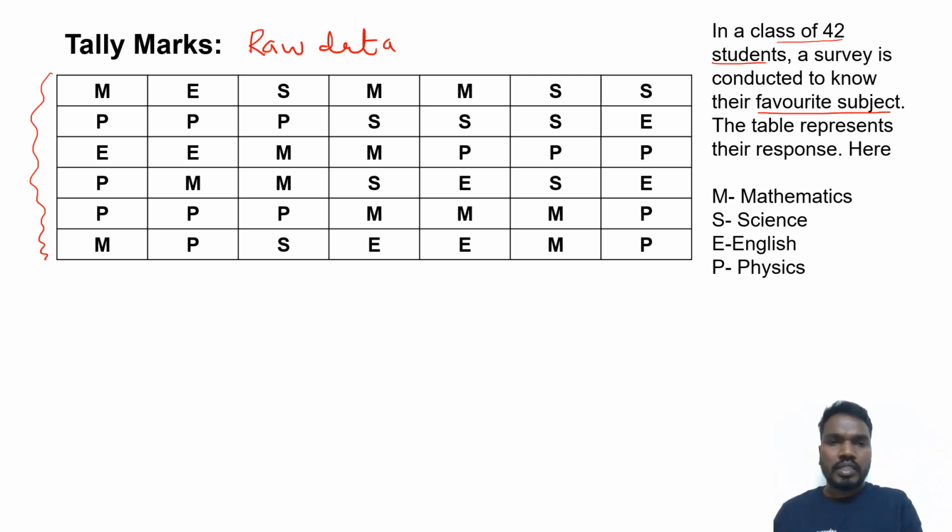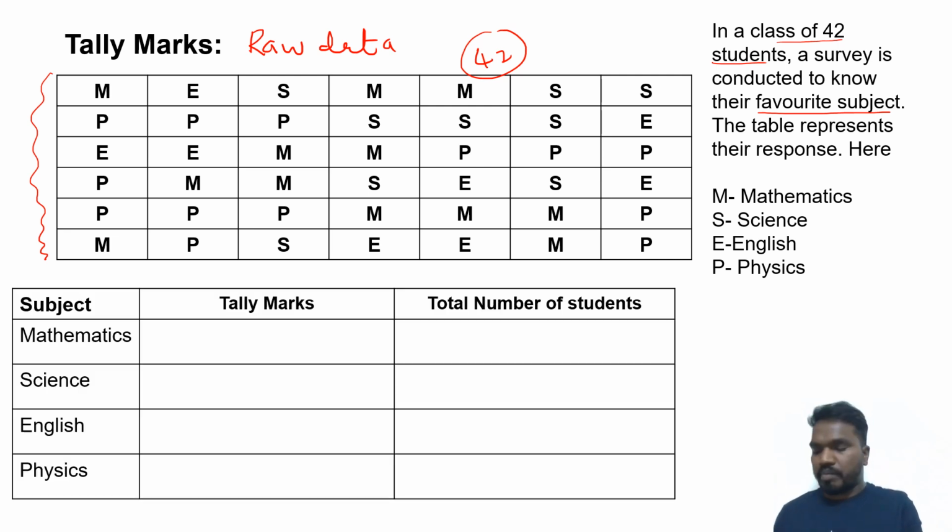Here is the data of 42 students, and each student has given their response as mathematics, science, English or physics. M for mathematics, S for science, E for English and P for physics. Let us represent it using tally marks. We make a table representing the four subjects, and then we use the tally marks.